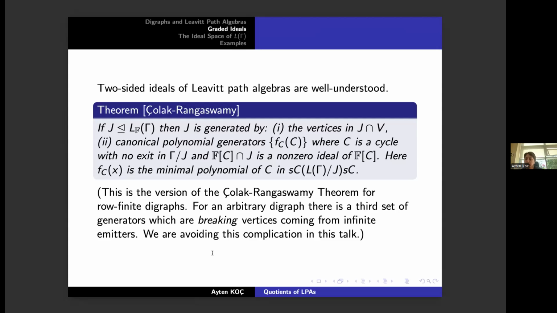For arbitrary digraphs, there is a third set of generators, which are breaking vertices coming from infinite emitters, but today we have no infinite emitter in our digraphs.